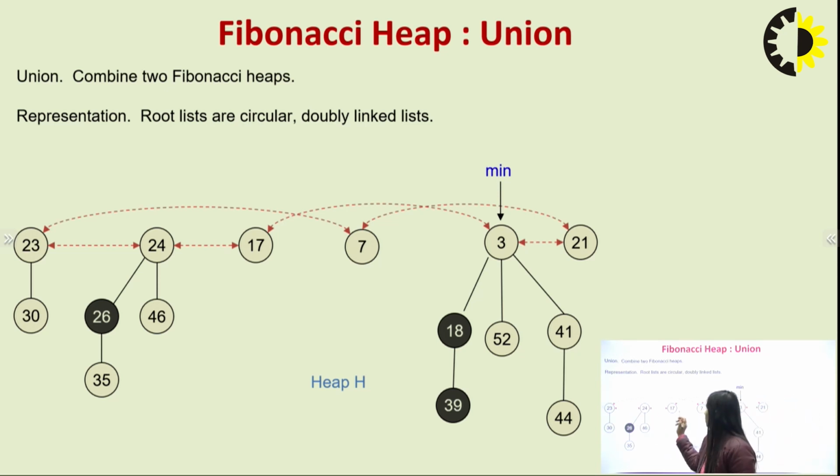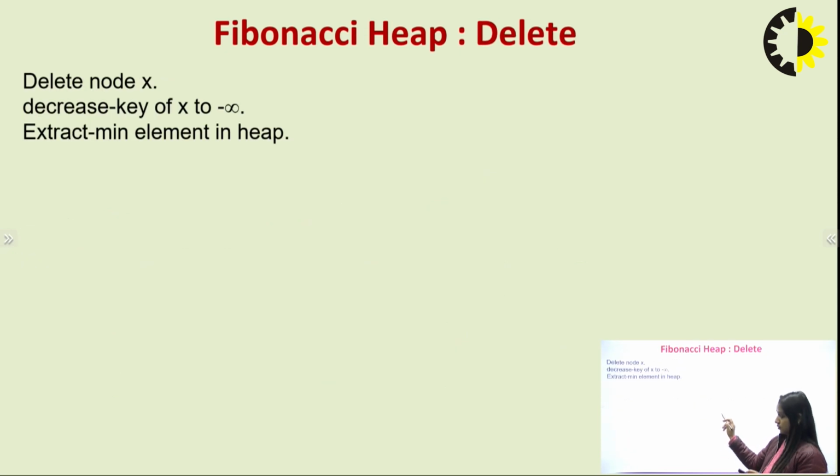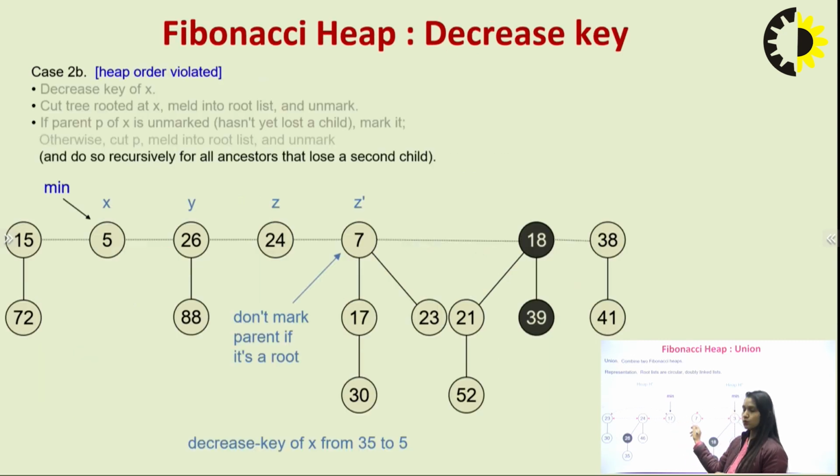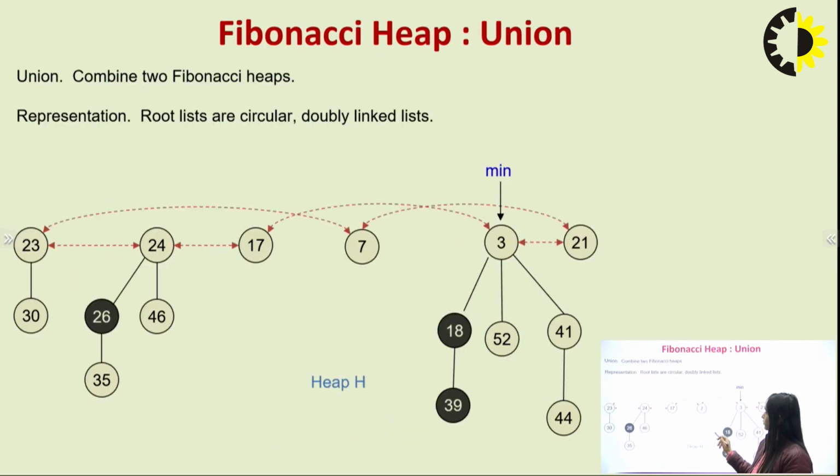We just combine this 17 node with 7. In this, we just need to link these two nodes, right? We make a union, a combination, with these two nodes.